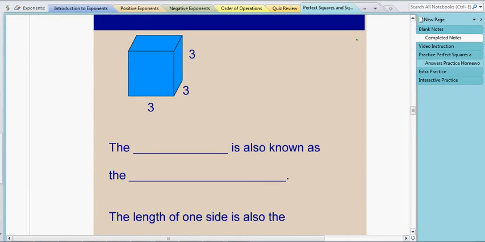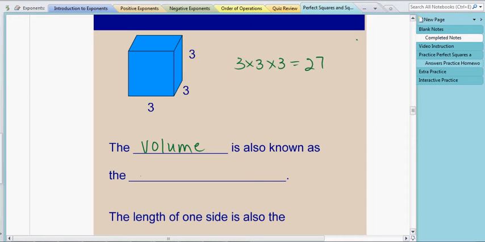So here we have a cube. So if we find how much goes inside the cube, what is that called? How would you find how much will fit inside of here? That's the volume, right? And we have 3 dimensions. So we'd multiply 3 times 3 times 3 to get 27.